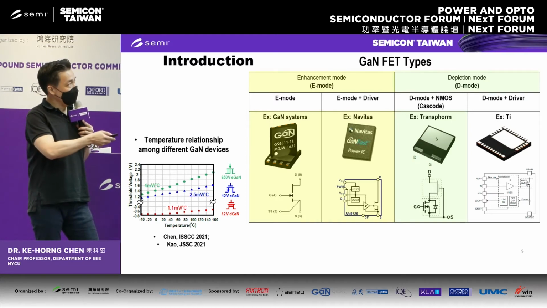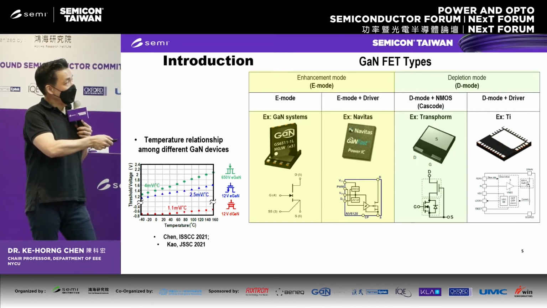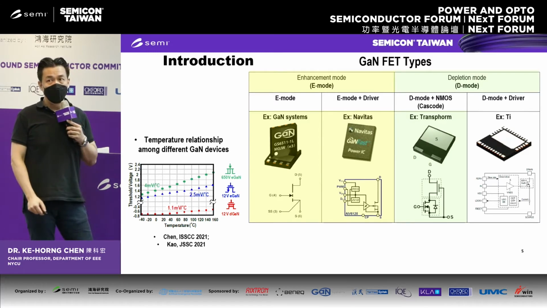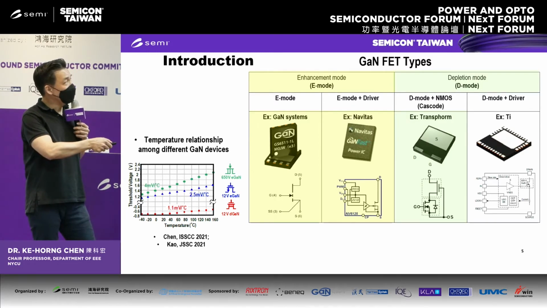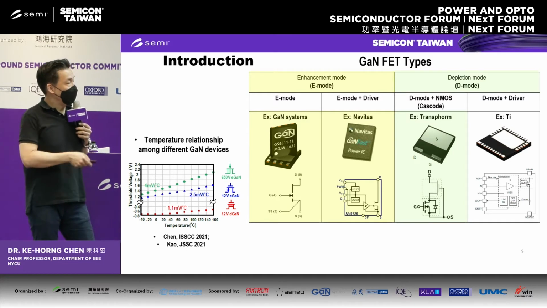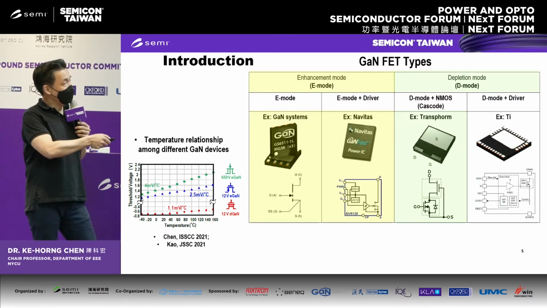The other one is the direct drive from TI. Comparing these two products, there are different performances, because the Transphorm product has the cascode structure.